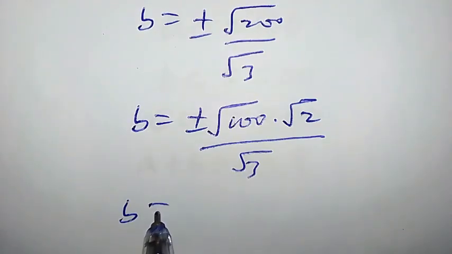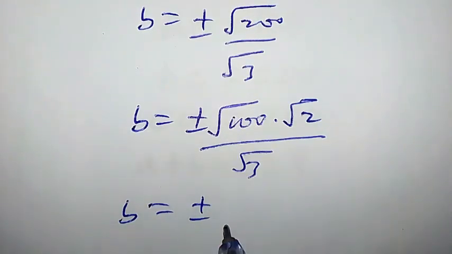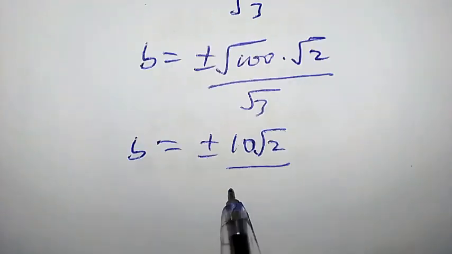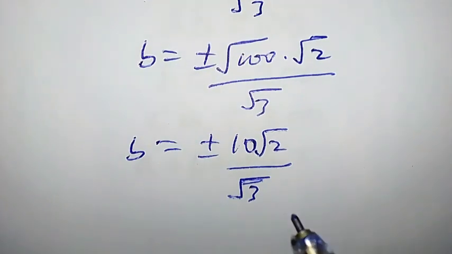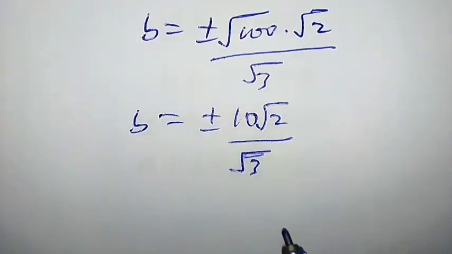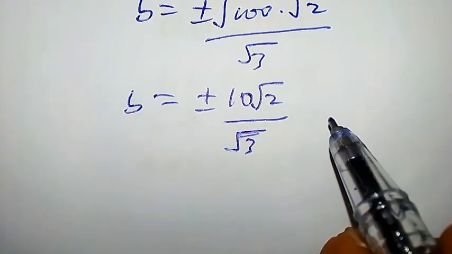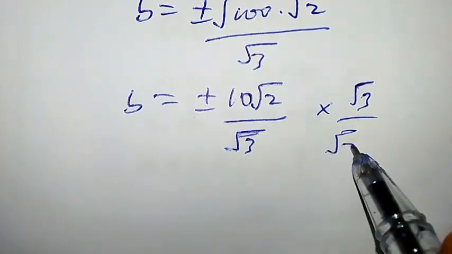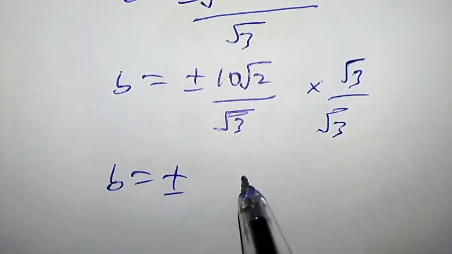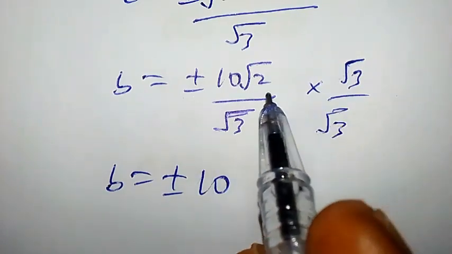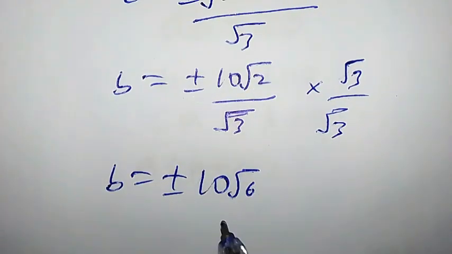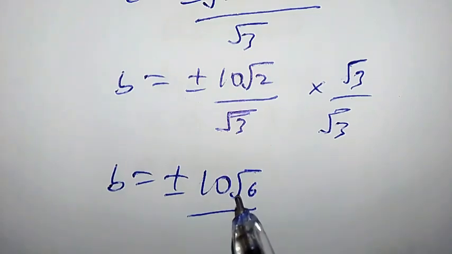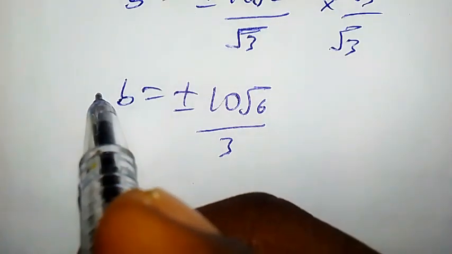So this gives B equals plus or minus square root of 100 is 10 times square root of 2 over square root of 3. Let us rationalize this. So let's multiply both denominator and numerator by square root of 3. So B equals plus or minus 10 times square root of 3 times square root of 2, that is square root of 6, over square root of 3 times square root of 3, that is square root of 9, and square root of 9 is 3. This is the value of B.